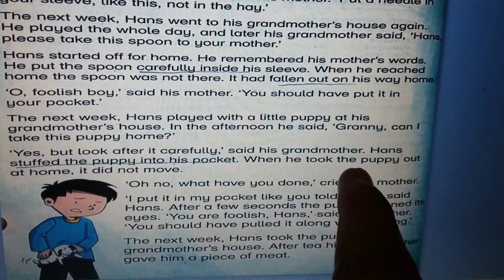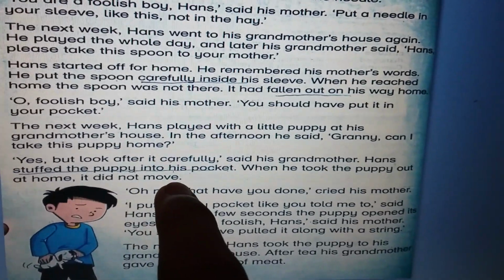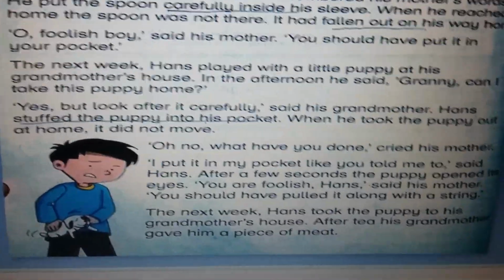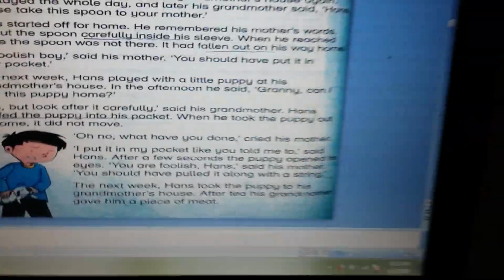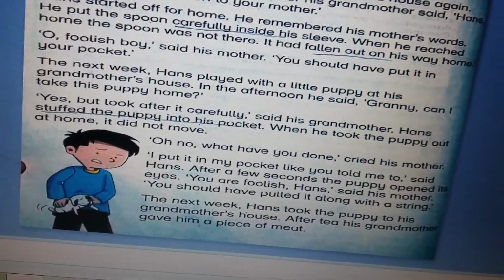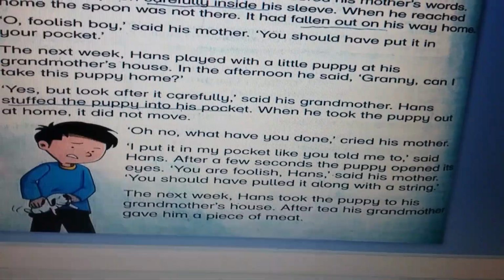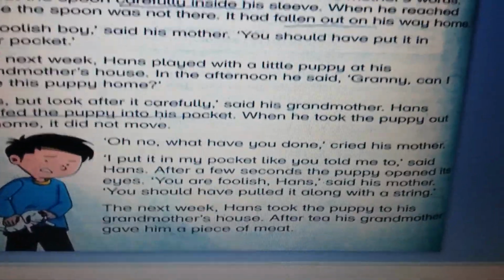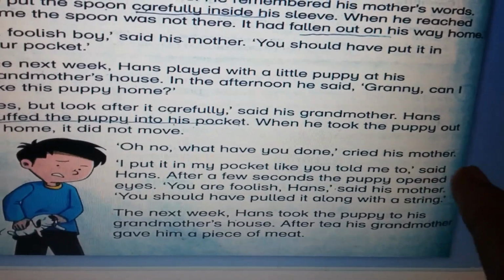When he took the puppy out at home, it did not move. Why didn't it move? Because oxygen was not provided to that puppy in the pocket, and due to suffocation it became unconscious. Oh no, what have you done? cried the mother.